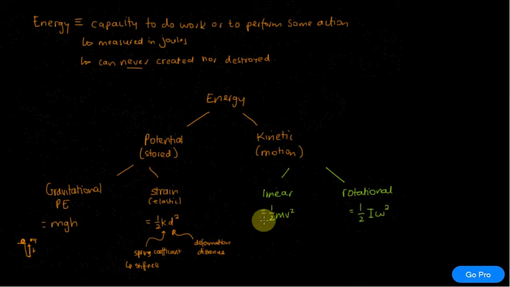So you can see these look very, very similar. We've already kind of spoken about how this is derived. In many respects, you can just derive this from this equation by simply replacing the velocity component. Remember that linear velocity is angular velocity times radius. So if I replace that in there, I can derive this version of the kinetic energy equation.